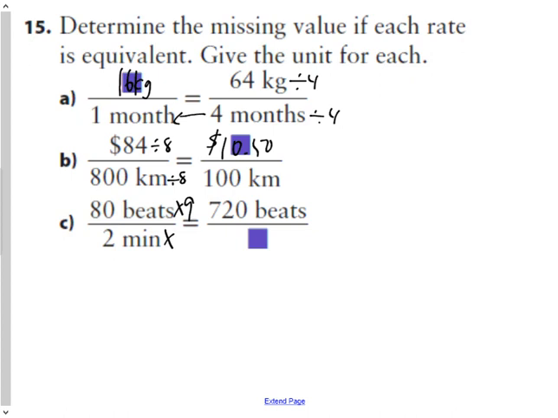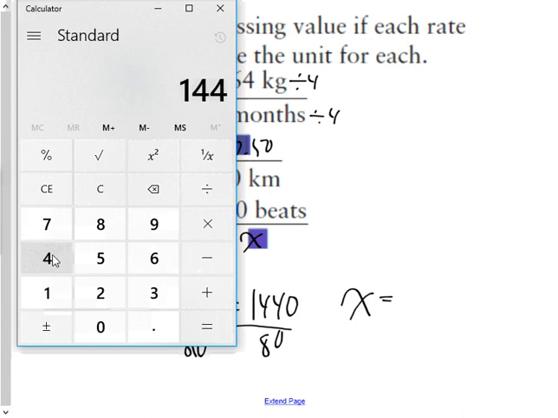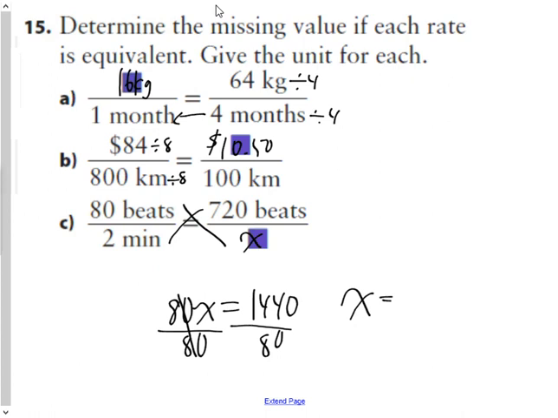But since you can multiply it by 9, you would get 18 minutes for 720 beats. If you did not know that 9 was the multiplier, an easier way you could have solved this was by cross multiplication. Make this your x and say 80x is equal to 1440. Divide both sides by 80 to get your value of x, and x will equal 1440 divided by 80, which is 18. Same answer I got before.